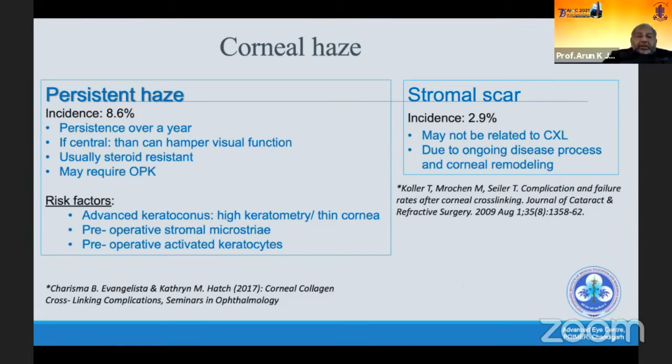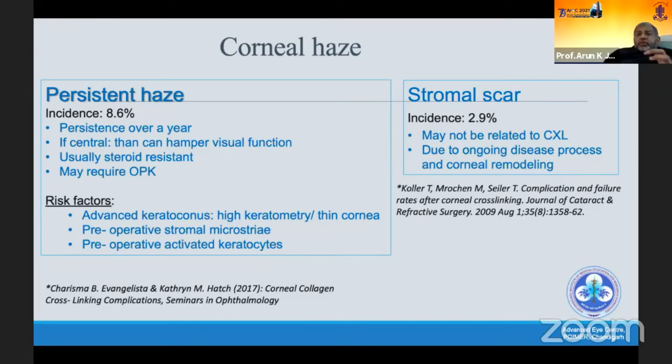And the risk factors again for this corneal haze, as we have already highlighted, are advanced keratoconus, preoperative stromal microstriae, as well as preoperative activated keratocytes, like if there is uncontrolled VKC and other conditions.